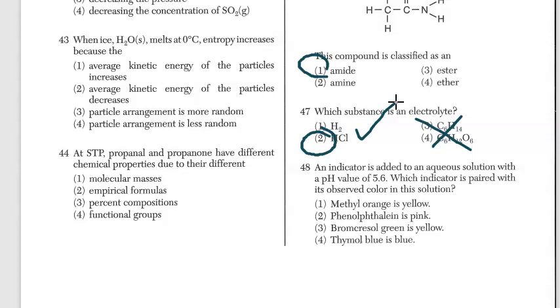For 48 now, an indicator is added to an aqueous solution with a pH value of 5.6. Which indicator is paired with its observed color in this solution? Methyl orange, phenolphthalein, bromocresol green, or thymol blue. All right, so we've got to go through the reference tables for sure on this and take a look.